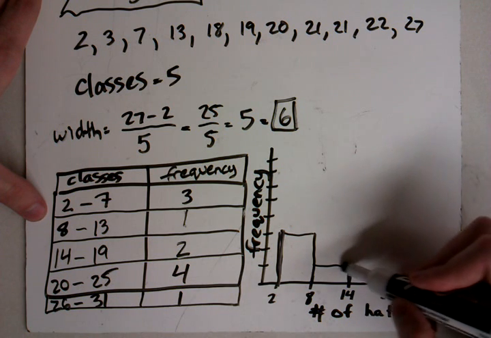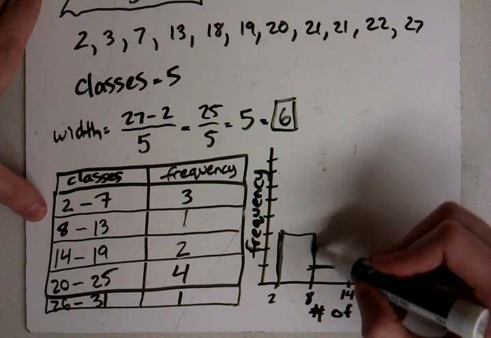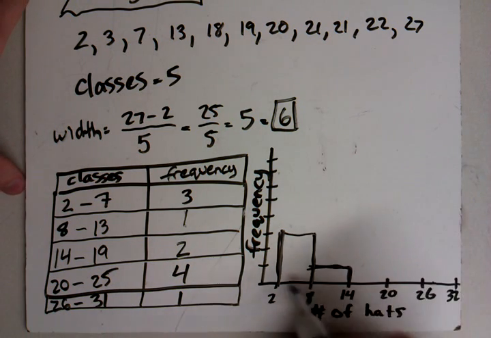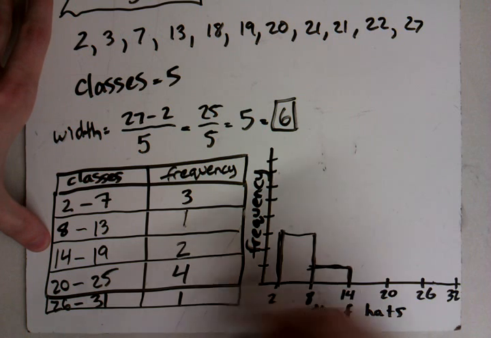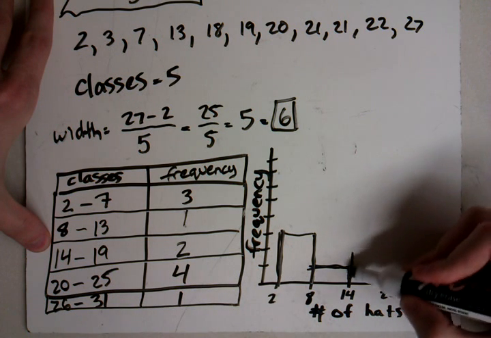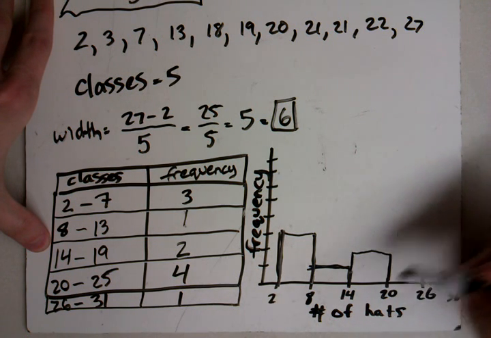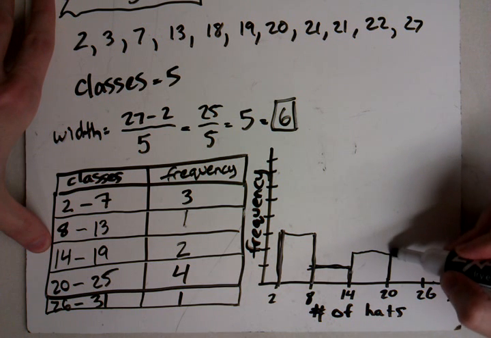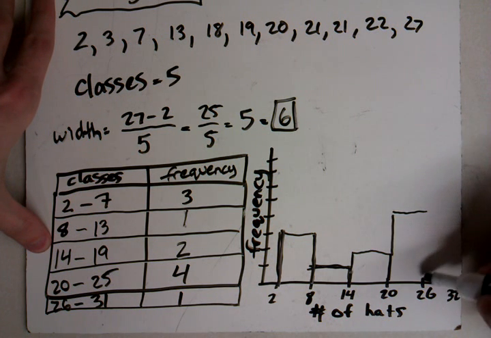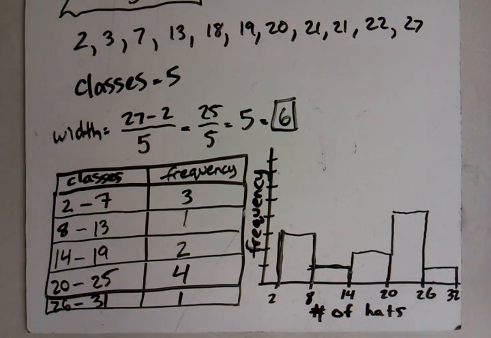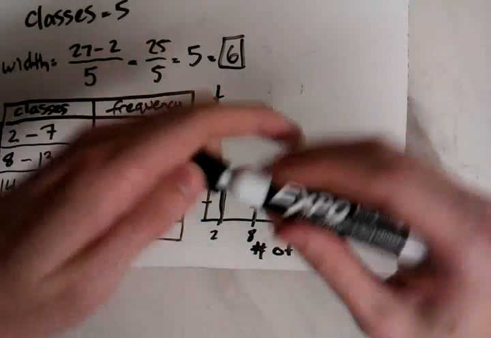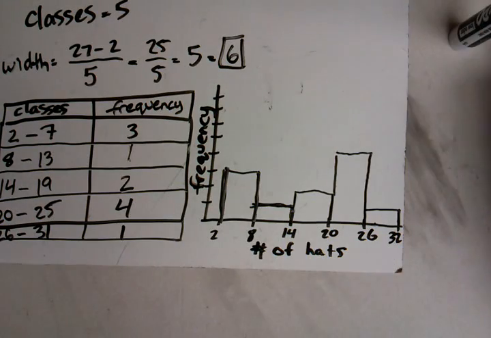Notice one distinct difference between a histogram and a bar graph: the histogram measures intervals, so it doesn't have any spaces in between the bars. The next interval has a frequency of 2, and the next one has a frequency of 4. Go up to 4 and make a bar. And the last one has a frequency of 1. So that's how to make a histogram for a given set of data. Hopefully that was helpful. If you have any questions, just let me know.